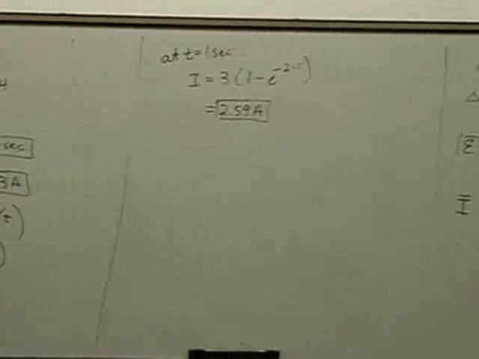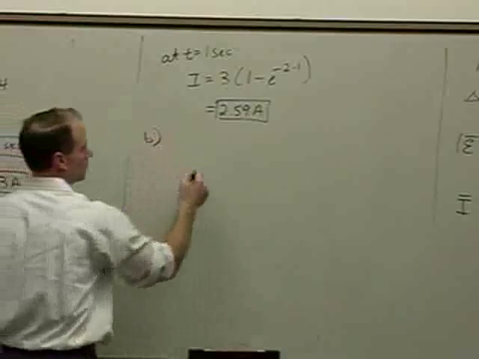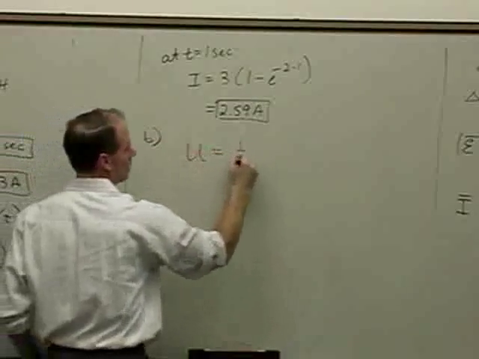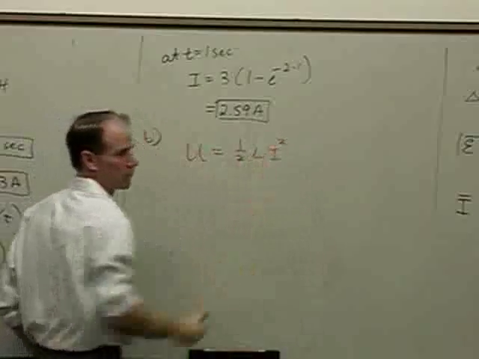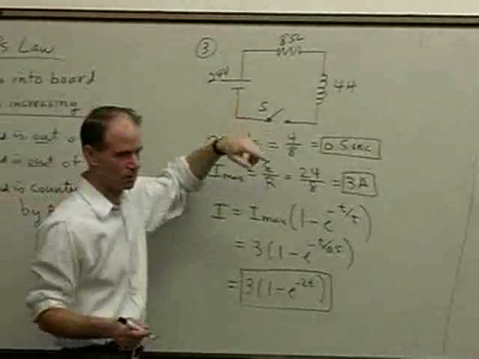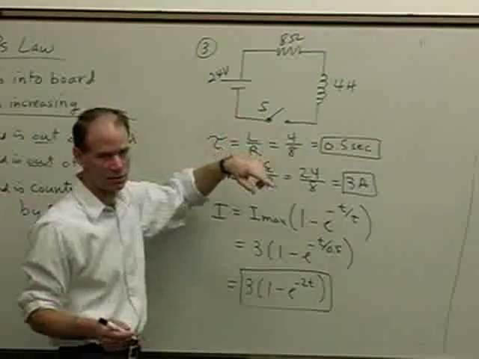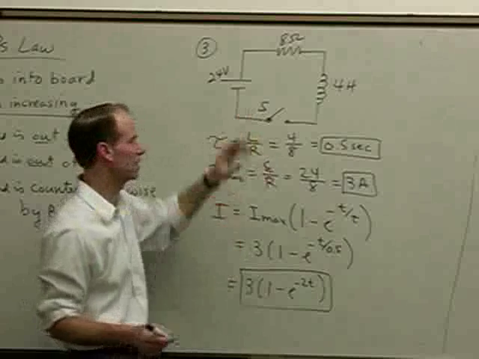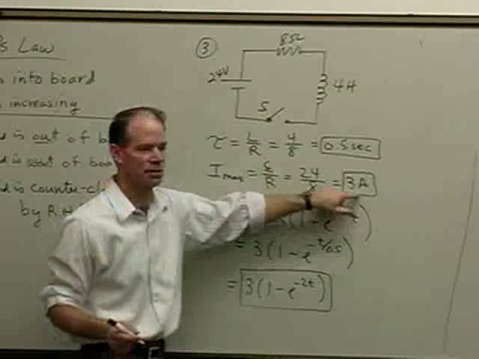What energy is stored in the inductor when the current reaches its final equilibrium value after the switch is closed? Energy is 1/2 the inductance times the current squared. In this case, we want to use the final equilibrium current, which is the maximum current. When the switch has been closed a long time, the current will stop changing, the inductor will have no voltage, and your current will simply be 3 amps.